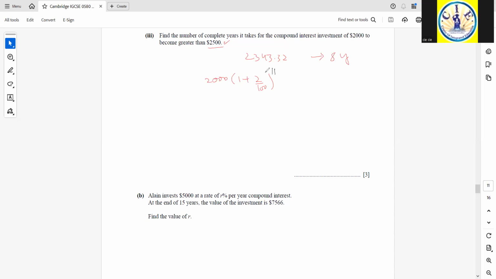and from our calculator, the answer is 2000 times 1 plus 0.02, which is actually 2 divided by 100, and whole raised to the power 11. The answer is 2486.7486, which is less than $2,500. So let's have its power to be 12 this time.